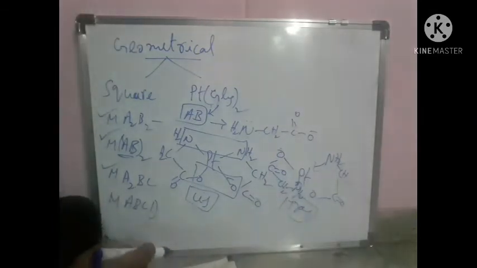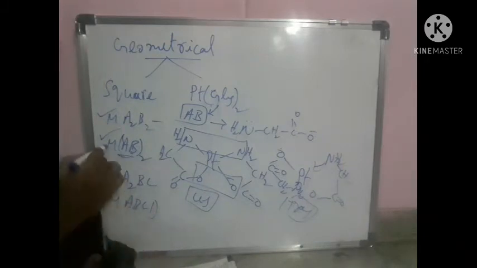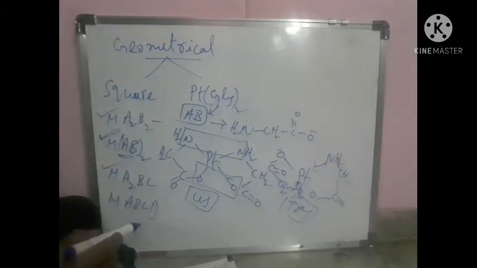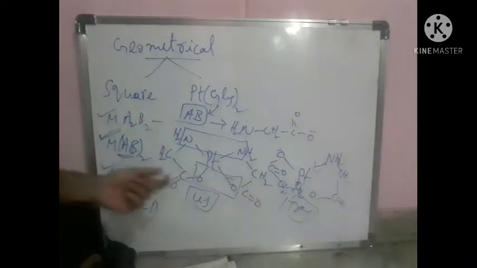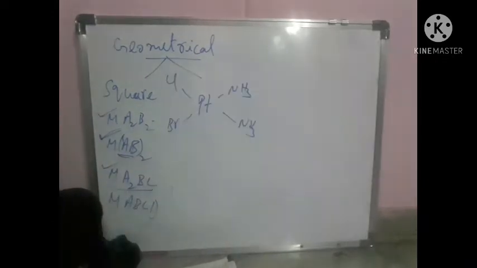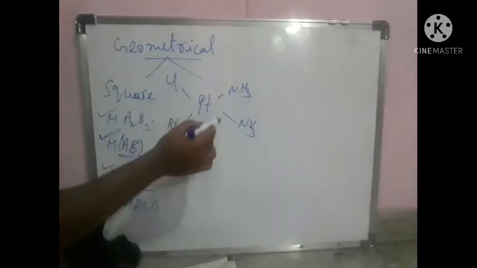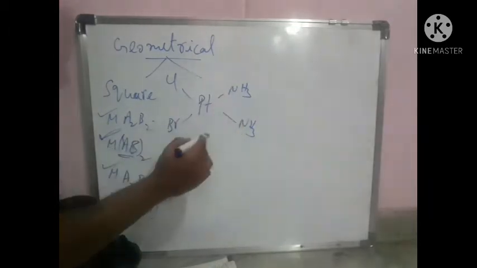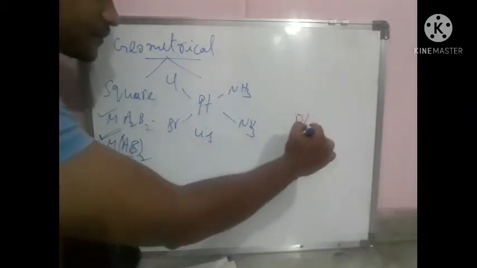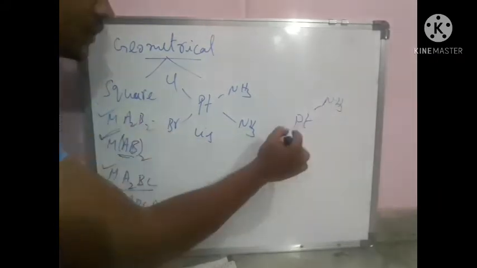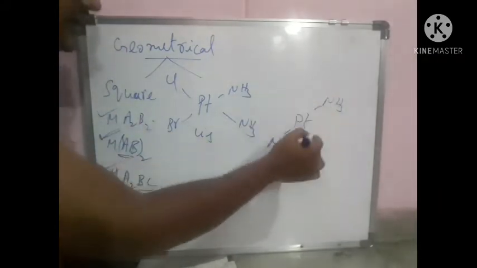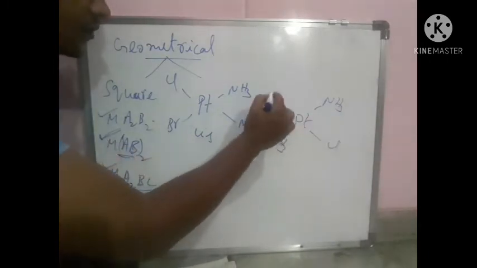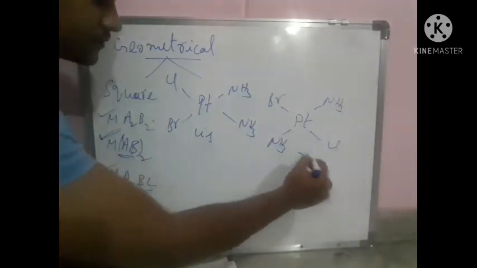Like that we can describe the cis and trans isomers in M(AB)2 compounds. Now we'll take another example, Ma2BC, and see how cis and trans isomers exist. In this Ma2BC type of example, the ammonia is present on the same side, so it is called cis, and if the NH3 is present in opposite directions with Cl and Br, it is called trans.